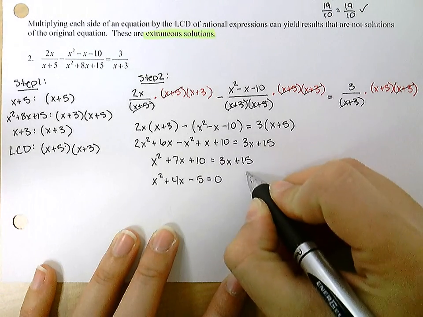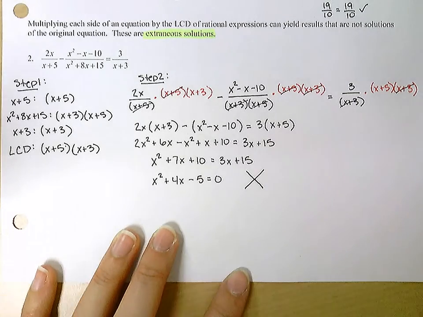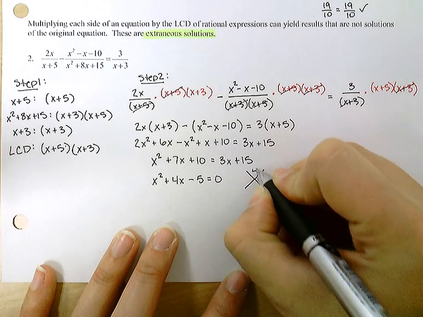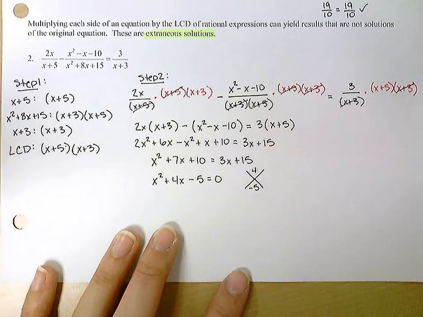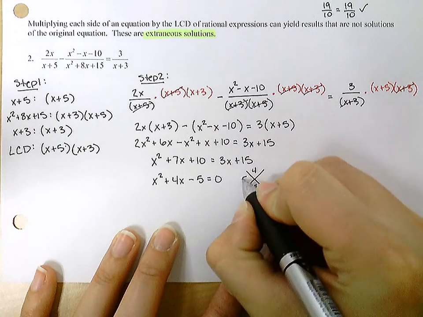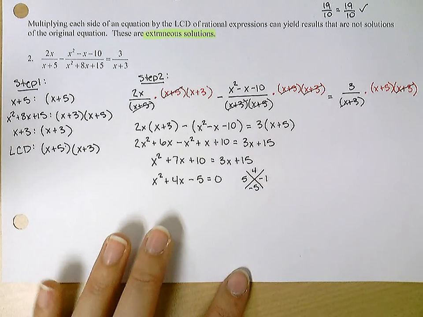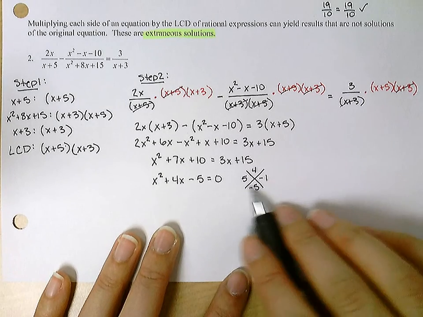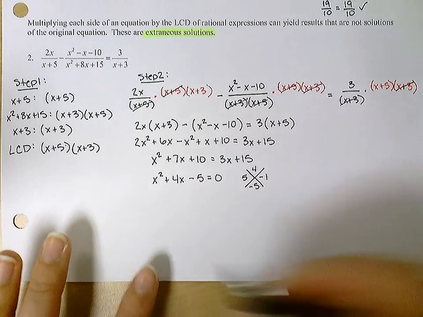Again, if you need to use the x method, what adds to 4 and multiplies to negative 5? What are the factors of 5? 1 and 5. So I would have 5 and negative 1. Add those together, I get positive 4. Multiply them, I get negative 5.